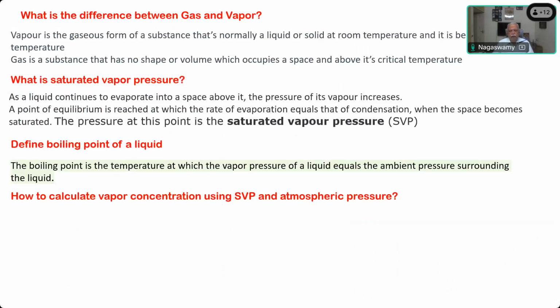For example, if you are going to use sevoflurane as an open drop method onto the patient's face using the Simulbus mask, what percentage of sevoflurane will you be delivering to the patient? What is the saturated vapor pressure of sevoflurane? 164 millimeters of mercury, sir. 164 millimeters of mercury.